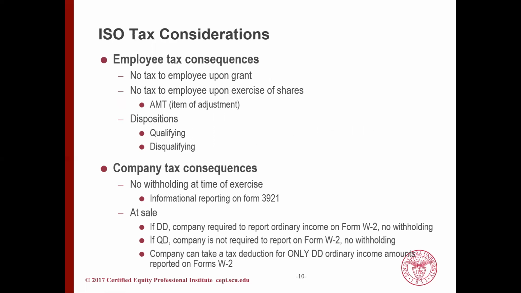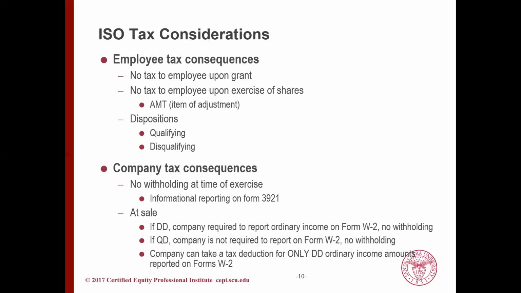Moving to taxation of ISOs, there is no tax consequence to the employee, either at the time of grant or the time of exercise. However, the spread at the time of the exercise of an ISO is considered a preference item that is subject to the alternative minimum tax, AMT, requirements.